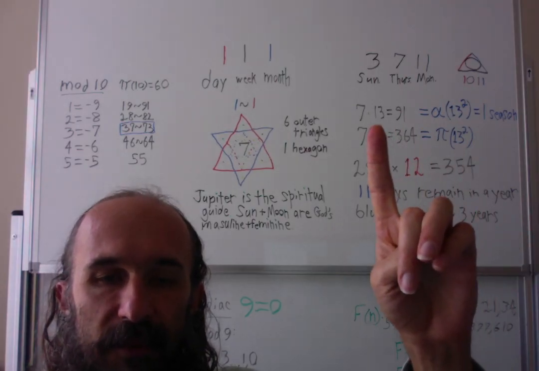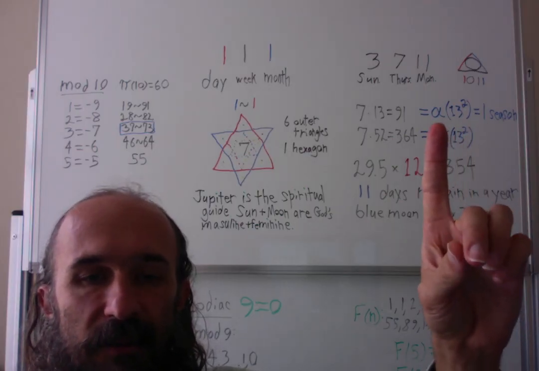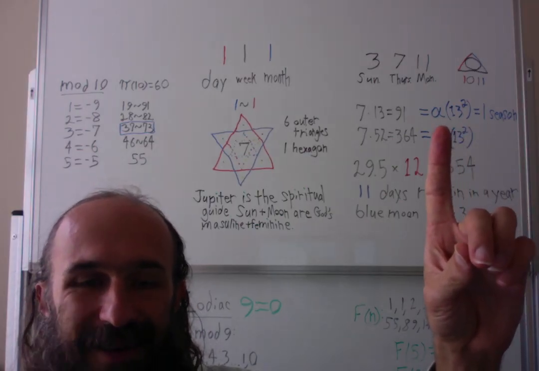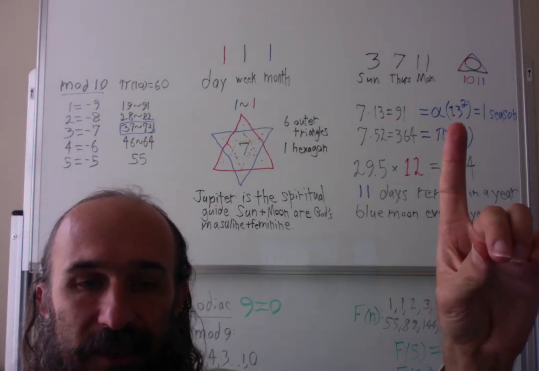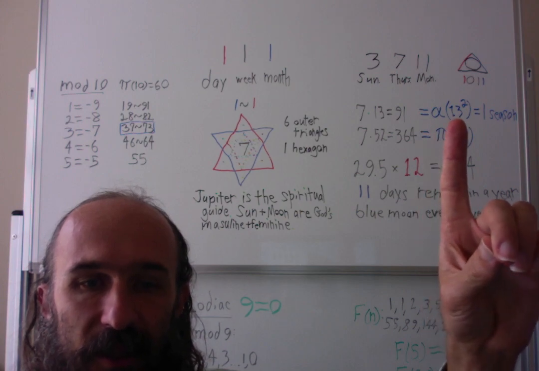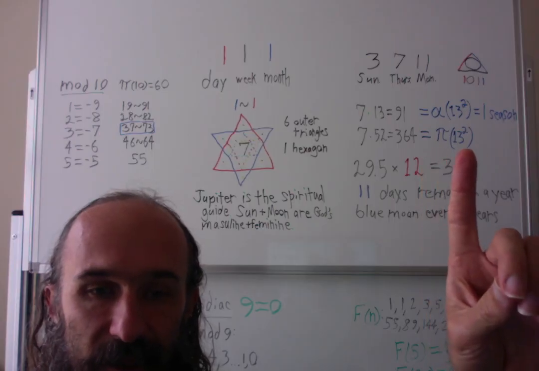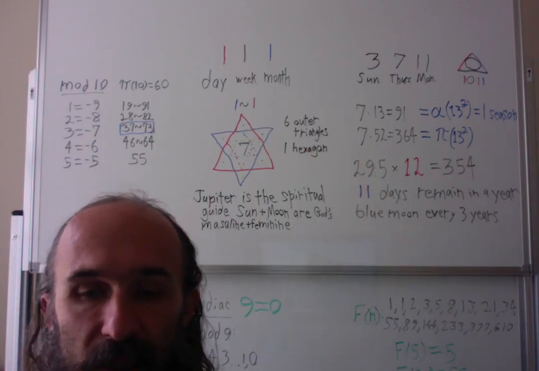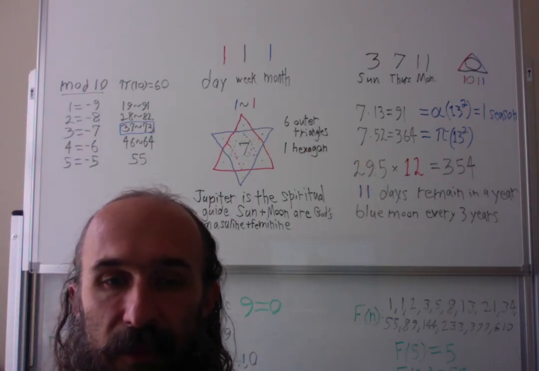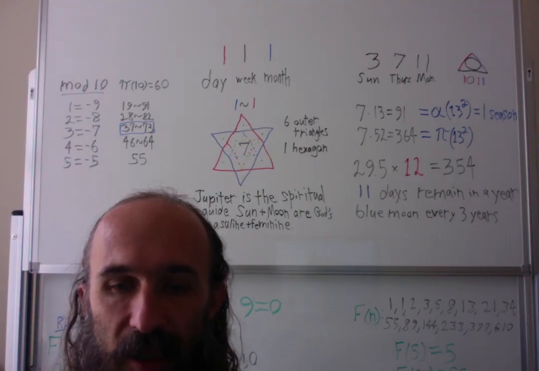You see, 13 weeks is precisely one season, which also happens to be the alpha of 13 squared, 169, the quarter cycle of mod 169, and the full cycle of 13 squared is 364, that's 52 weeks. So the number 7 for the week works very well in that capacity, but it also represents a quarter of the lunar cycle.